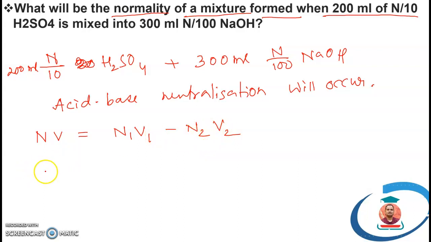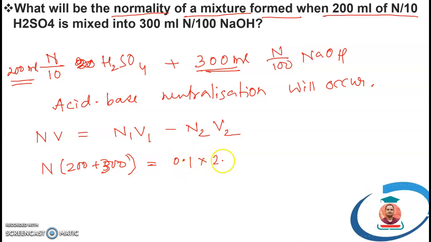So what is the final strength of the solution? We don't know, so N. What is the final volume? The final volume will be 500, because it is 200 ml plus 300 ml. That equals N1V1 minus N2V2, which is 0.1 into 200 minus 0.03 into 300.